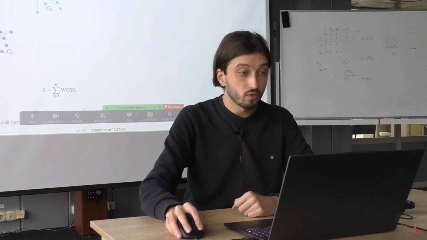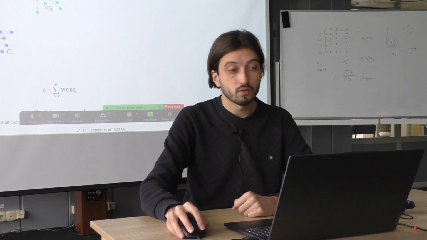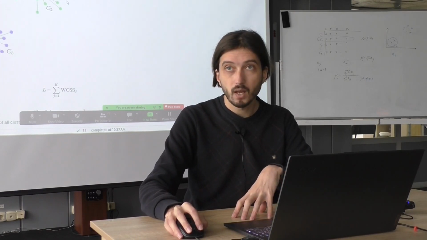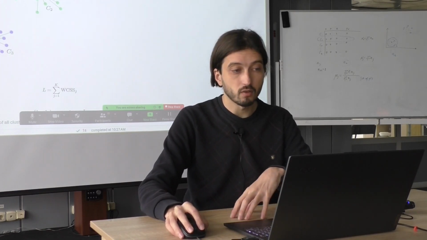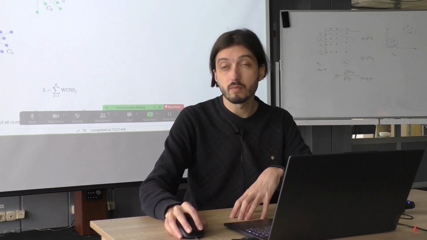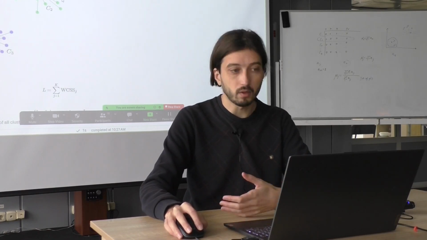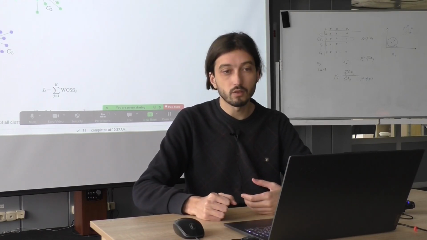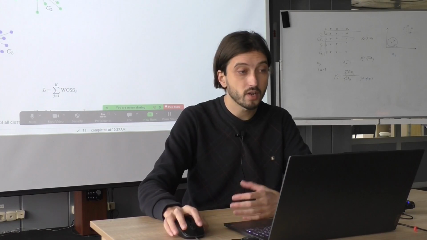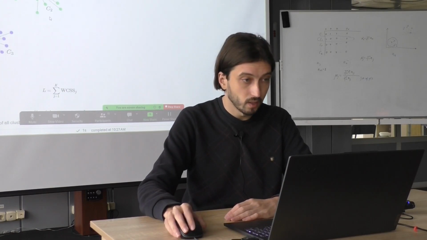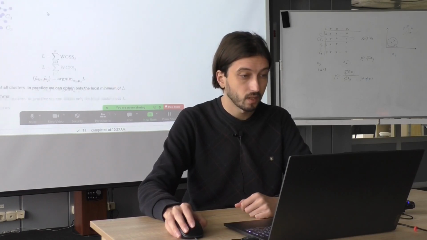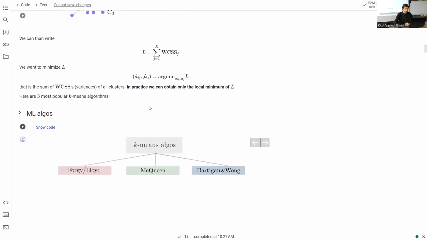You might think of it like you want to have clusters and some sort of mean values, and you want your variation of points around their mean value to be minimal. And of course, if you have a few clusters, you are saying that you want the sum of their variations to be minimal.